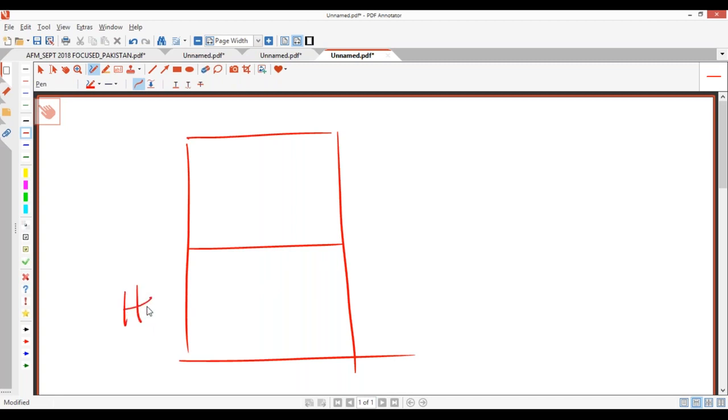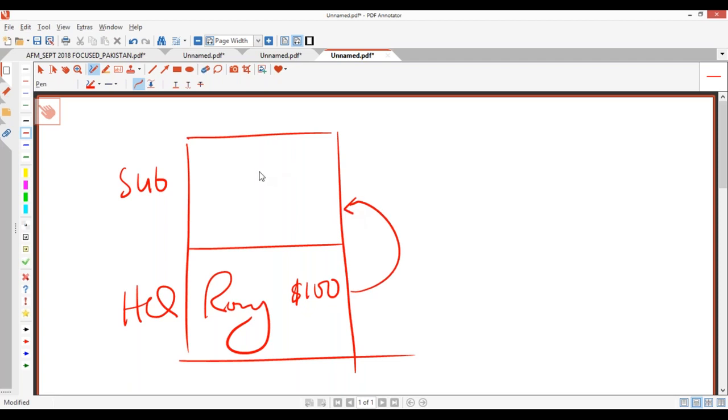Now, royalty is going to be this. This is your HQ. This is going to be your subsidiary branch. Now, if you got a royalty income of, let's say, 100,000 US dollars, what happens here is he will show a royalty cost of 100,000 US dollars equivalent in that currency.